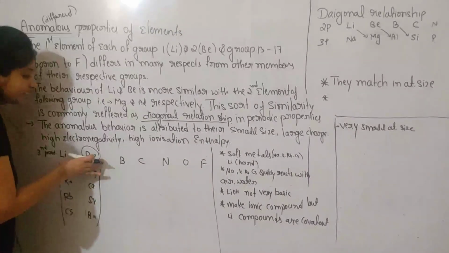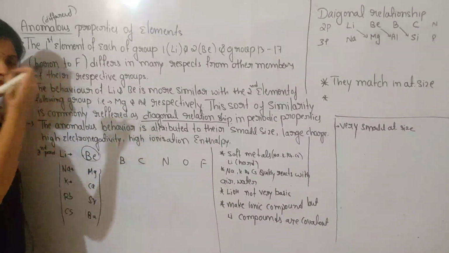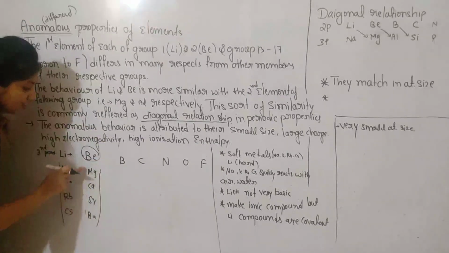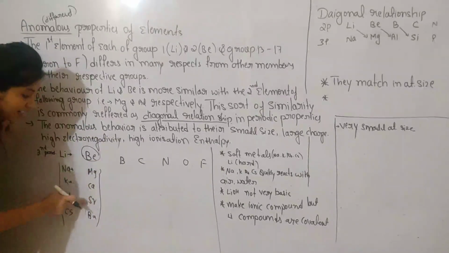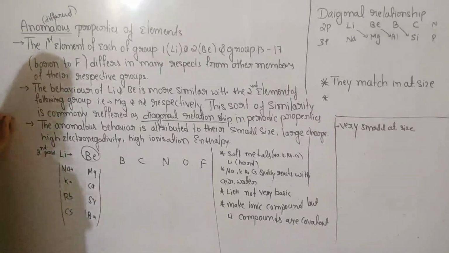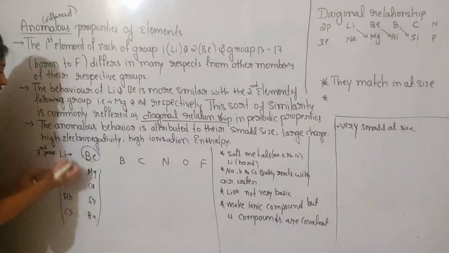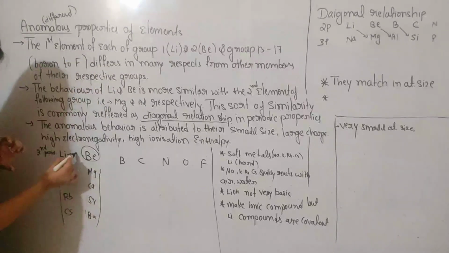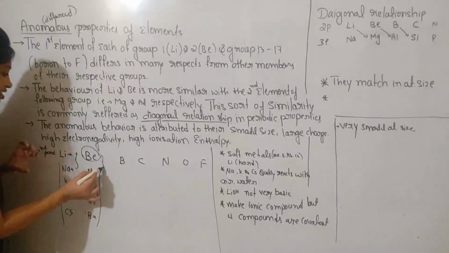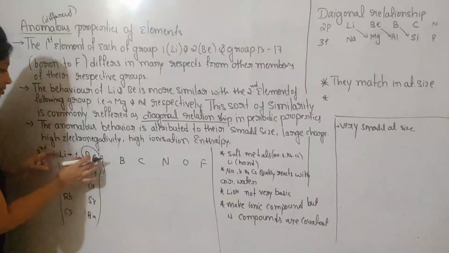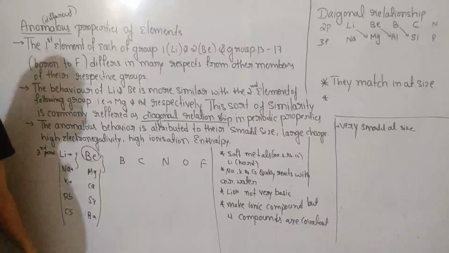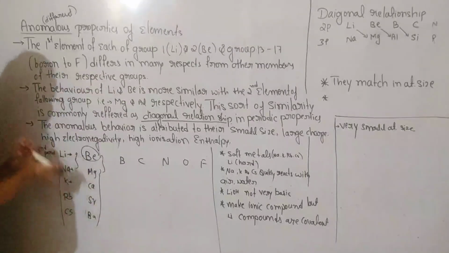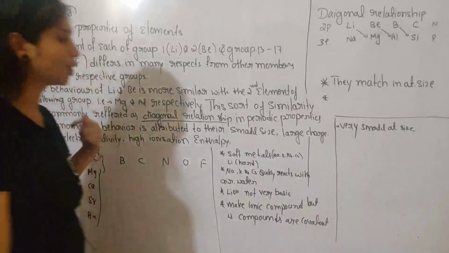And beryllium has a very small atomic size compared to magnesium, calcium, strontium and barium. This means the atomic radius has a large difference between the second period elements and the rest of the elements in their groups. So this is also one reason they show anomalous properties.